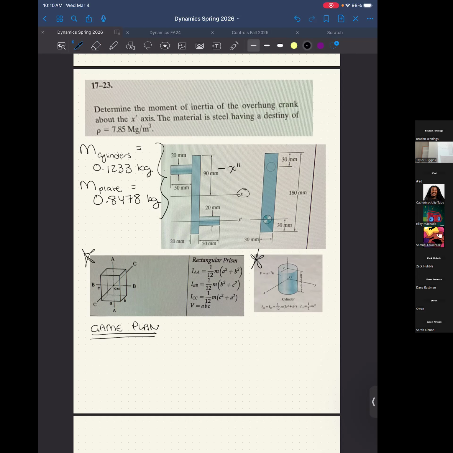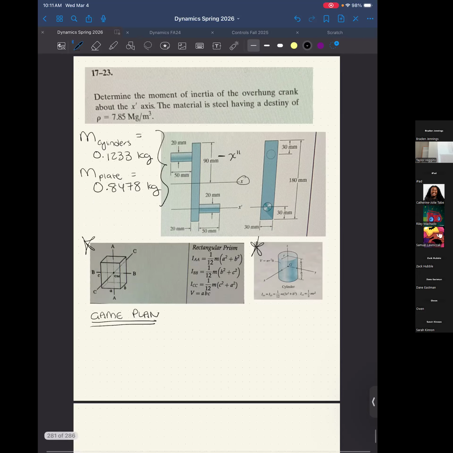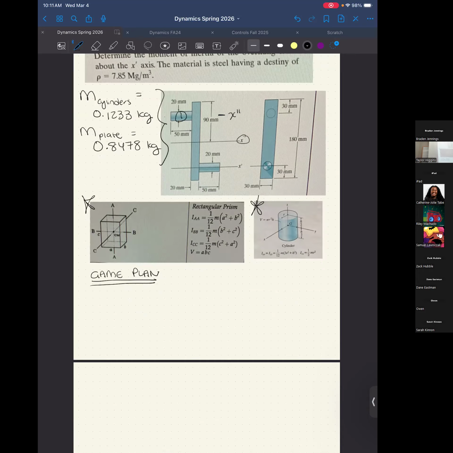I don't really know what I'm doing, I guess, now that I think about it. Can you just do parallel axis theorem? That's what I'm thinking. You find the moment of inertia about x double prime, and then do parallel axis theorem to x prime. Yeah, so let me walk through my game plan.